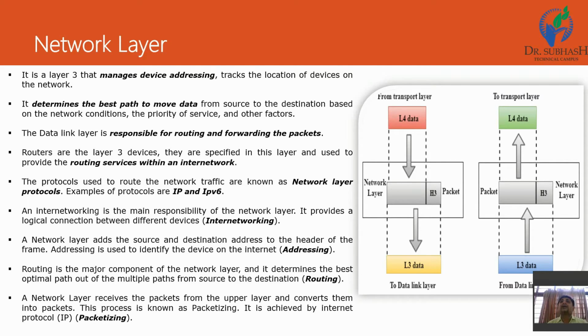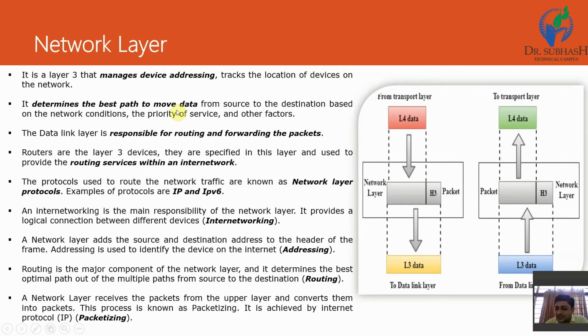In our hierarchy, it is the 3rd layer from the bottom to top: physical layer, data link layer, and now network layer. It determines the best path to move data. That is the first, basic functionality of the network layer.